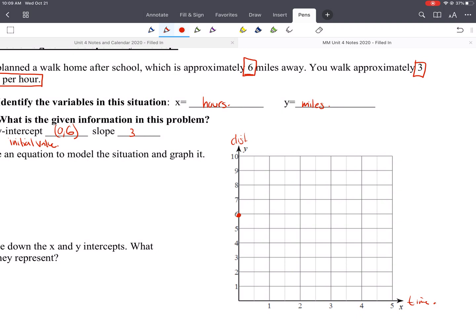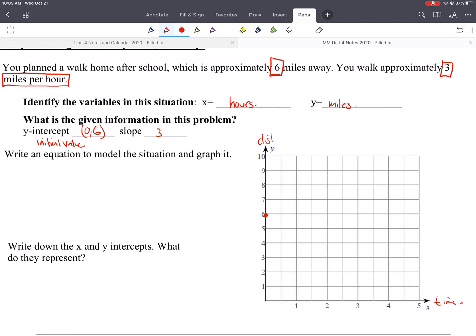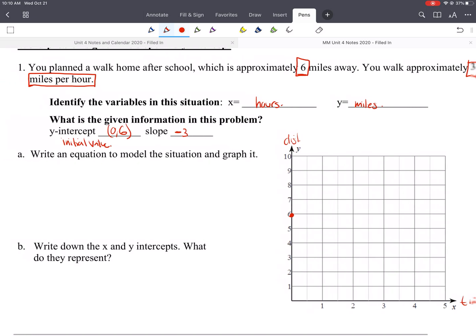In some way, we're going to want to come home, so we want our distance to go to 0. So our slope here is going to need to be negative. All right, we want to write an equation to model this situation. Well, we know y equals mx plus b, so y is equal to negative 3x plus 6.